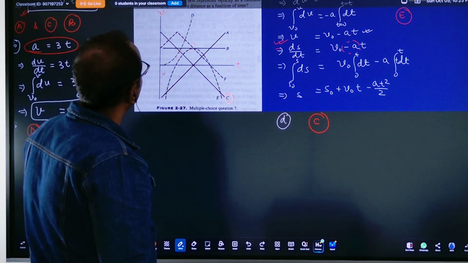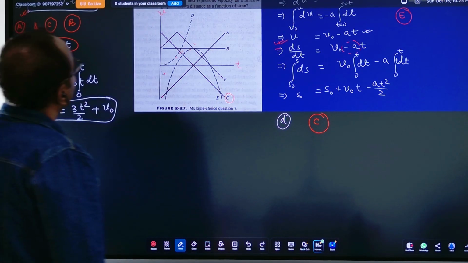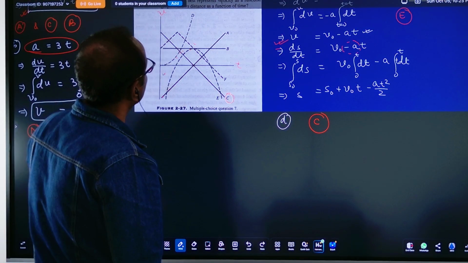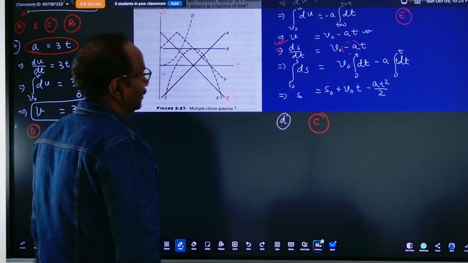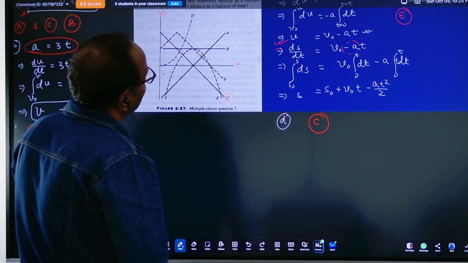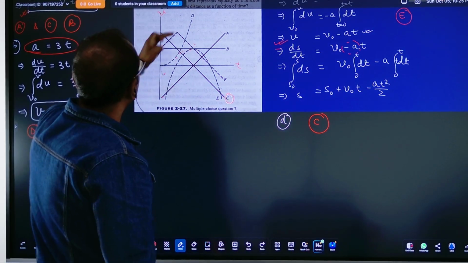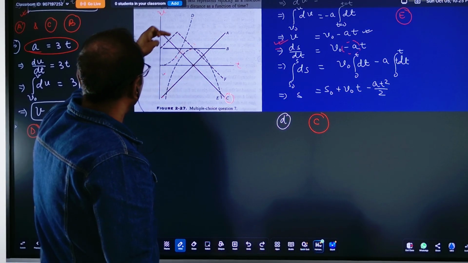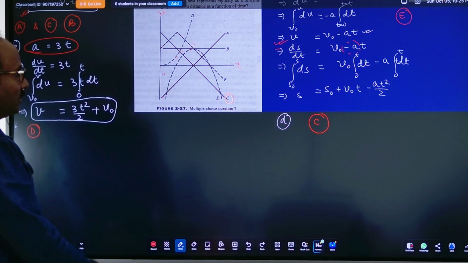F will also not be, because if we see from here to here velocity has increased, means acceleration is positive. And after this, it is following this equation. So if we consider this as a continuous graph, then F will not be the solution for D.